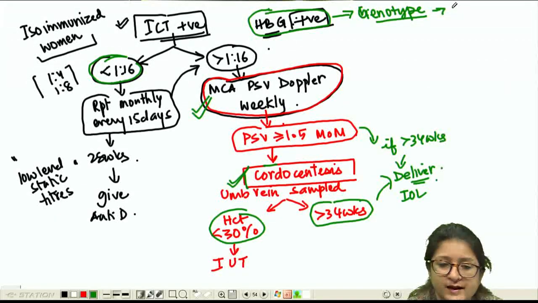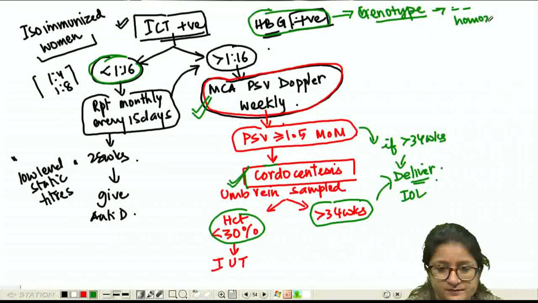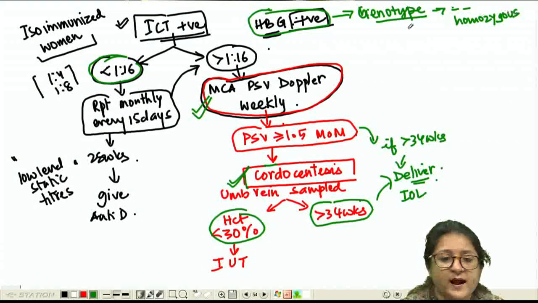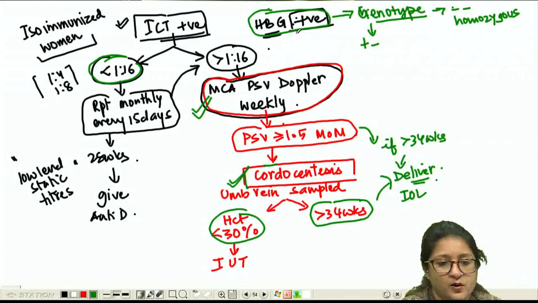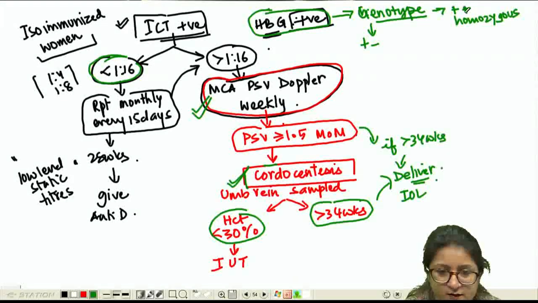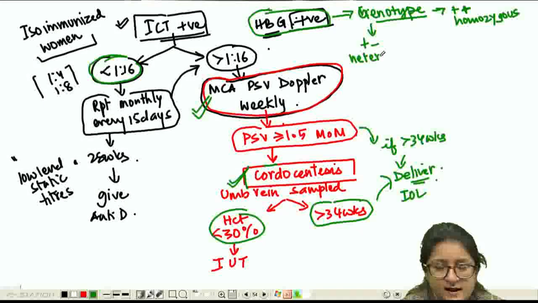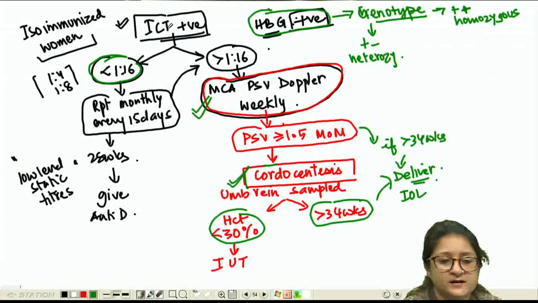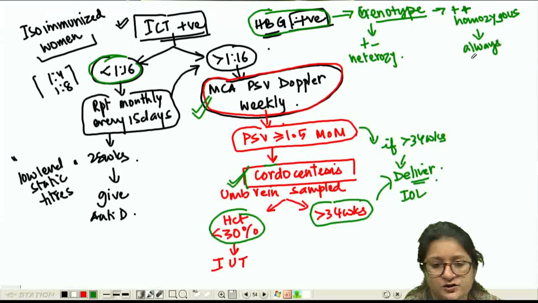The husband's genotype with Rh positive status could be homozygous like this, or it could be heterozygous like this. Now if the husband's genotype is homozygous and the mother is Rh negative, there will always be an Rh positive child.